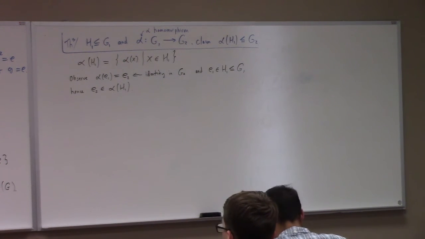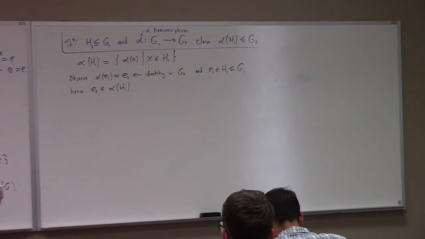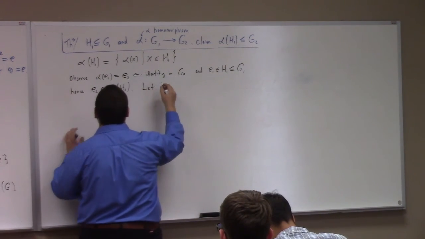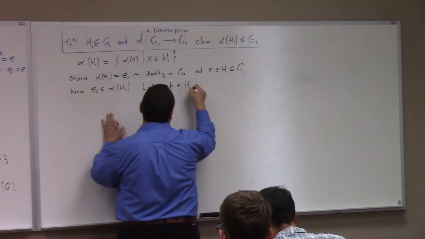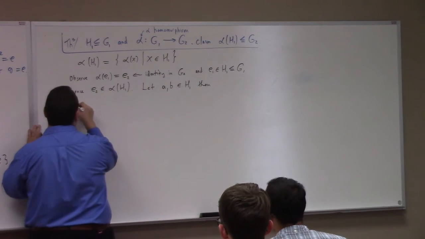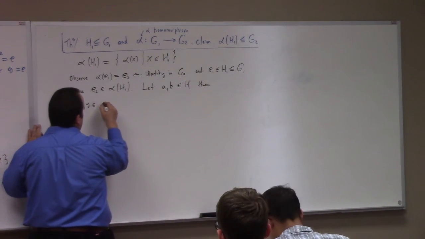So the identity is in the image of H1. Point number one. Now we should show it's closed. Let's show that alpha of H1 is closed. So let's say A, B be elements of H1. Then there exist, let's say, X and Y in H.